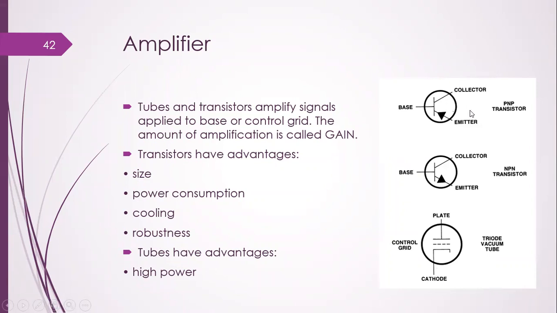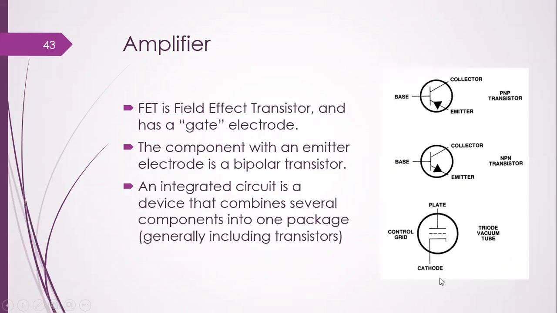Further, these are applications of base, collector, emitter, PNP transistor, NPN transistor, and this one is the triode vacuum tube, in which the plate is connected, and the control grid and cathode are connected. So these are the applications.